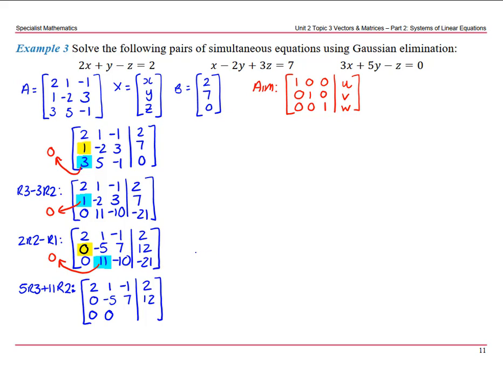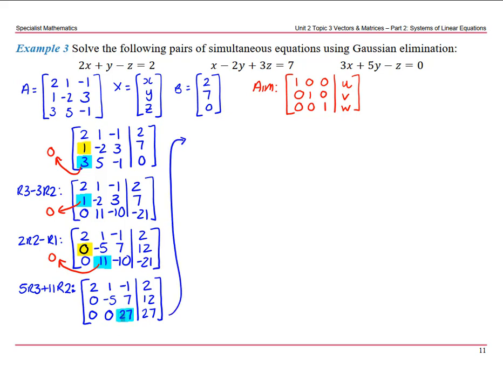And if you need to, off to the side, go negative 50, plus 11 lots of 7 is plus 77. So that's 27. So now I have 5 lots of negative 21 plus 11 lots of 12. That's 27. If you need to, do the calculations off to the side.